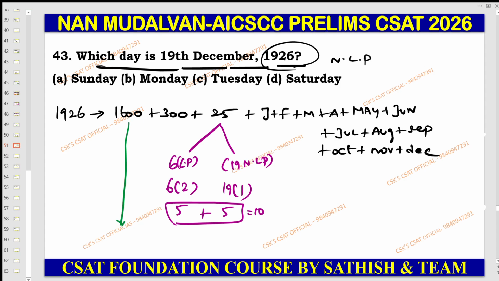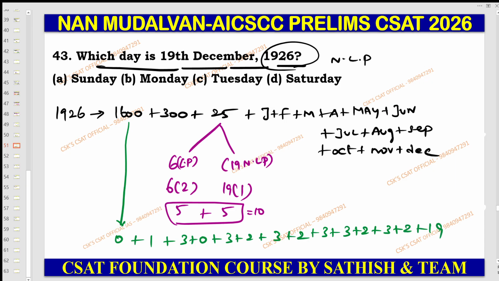From these 25 years we have 10 odd days. Now focus here, green color. 400 years means 0. 400 multiples also 0. 300 years as 1. January as 3, and so on for the months, like that you have to substitute here. February, March, April, May, June, July, August, September, October, November, December 19.